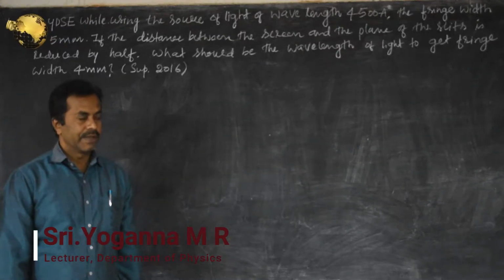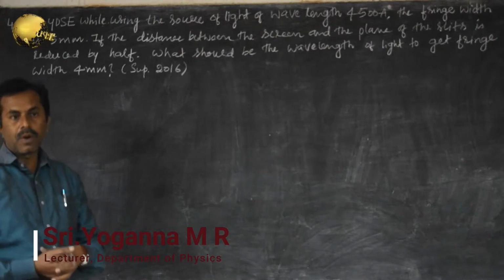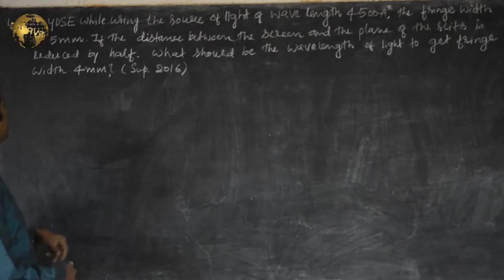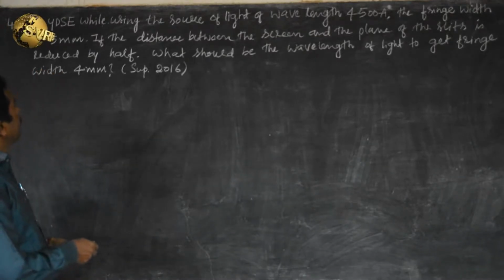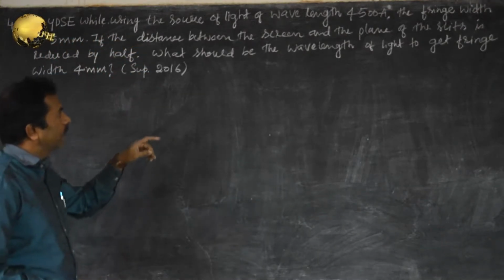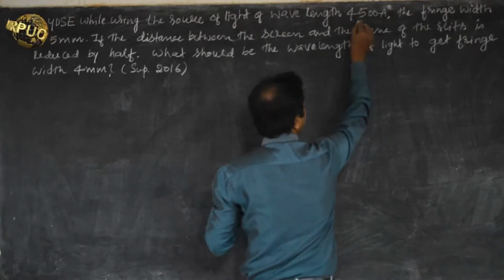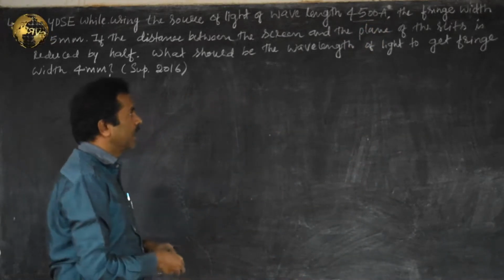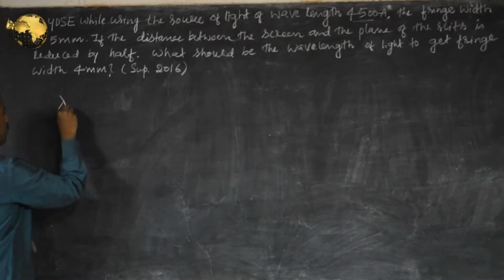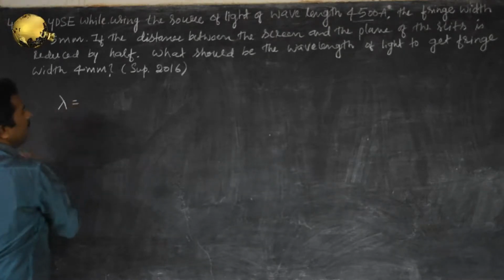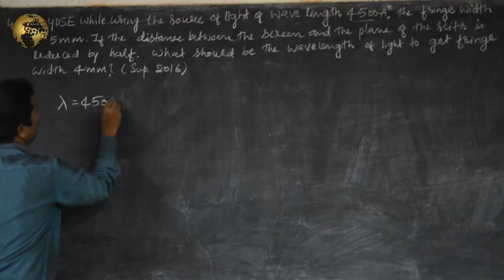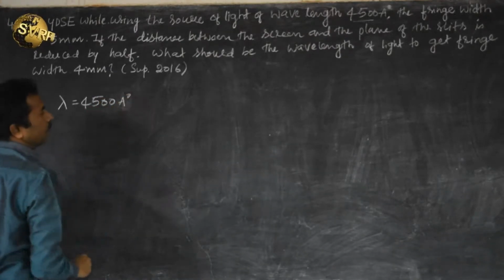Okay students, let us continue with the fourth problem from unit 7 and 8. The given problem is in YDSC, Young's double slit experiment, while using the source of light of wavelength 4500 angstrom, that is lambda is equal to 4500 angstrom.